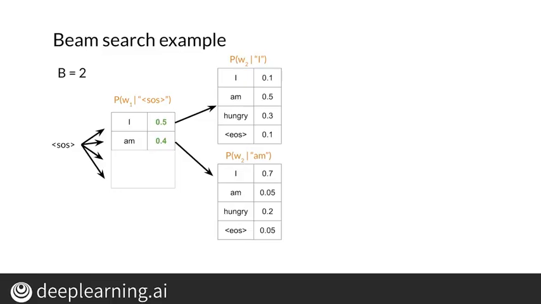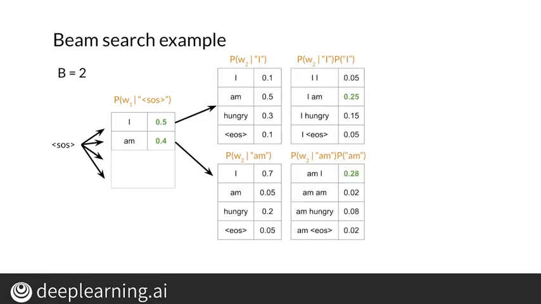These are the two conditional probabilities of P of word 2 given word 1. Next, you calculate the probability by multiplying the conditional probability for word 2 given the word I with the probability of word I.